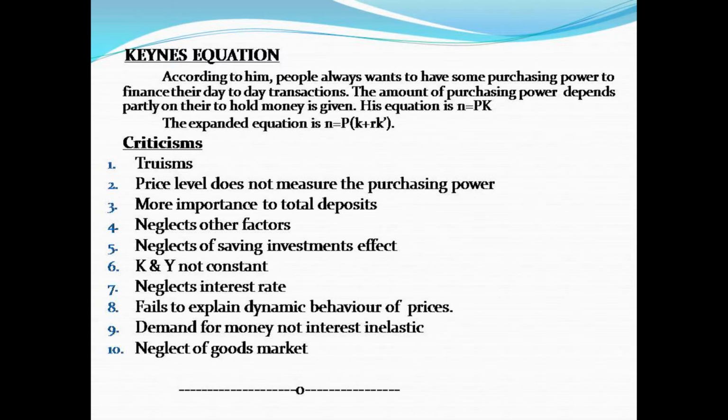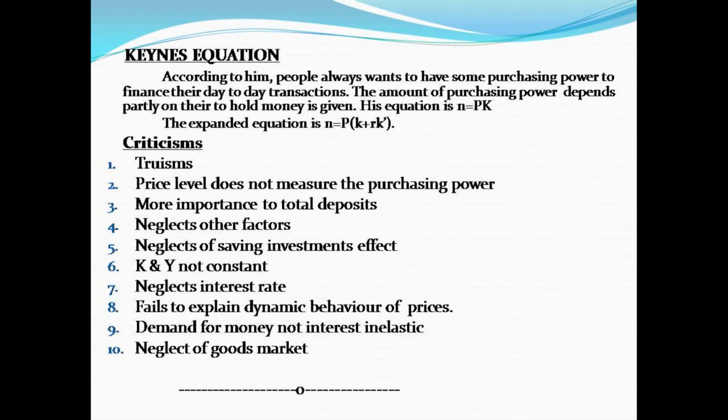If K is constant, a proportionate increase in N will lead to a proportionate increase in P. This equation can be expanded by taking into account bank deposits. Let K dash be the number of consumption units in the form of bank deposits and R the cash reserve ratio of banks.